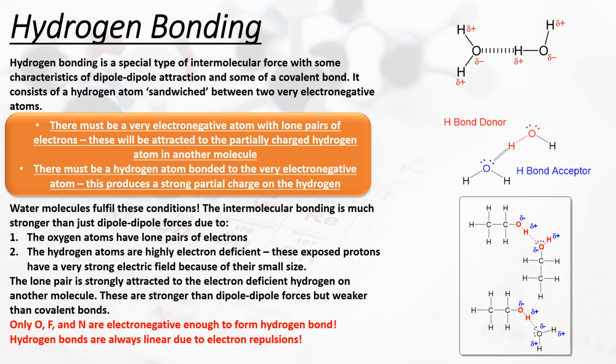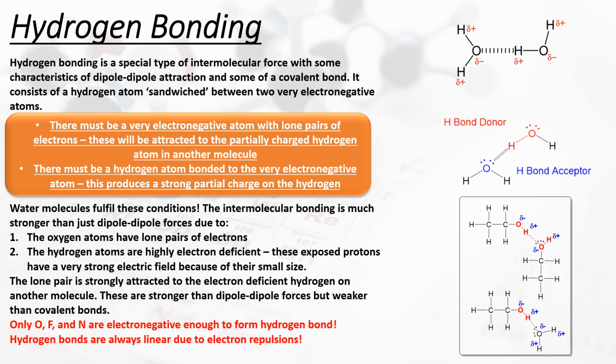The hydrogen atoms are highly electron deficient, and so these exposed protons have a very, very strong electric field because of their small size. They have this partial positive charge, and because they're very small, they have a very strong electric field. And so the lone pair on the electronegative atom, for example on the oxygen in water, is very strongly attracted to the electron deficient hydrogen on another molecule.